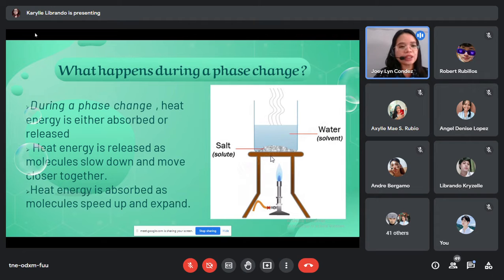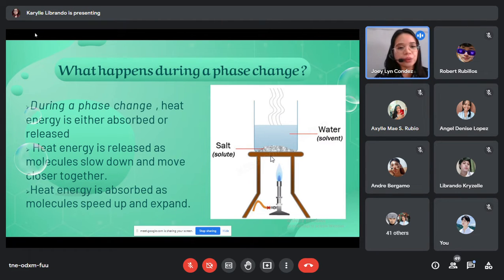So during a phase change again, heat energy is either absorbed or released. Okay, for a moment. So heat energy is released as molecules slow down and move closer together, while heat energy is absorbed as molecules speed up and expand.